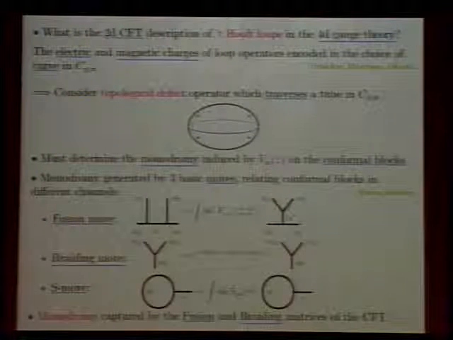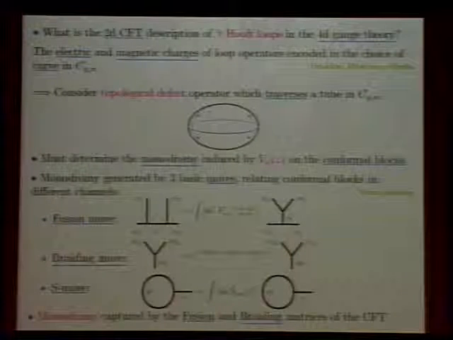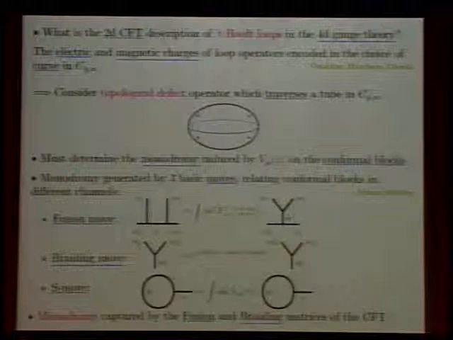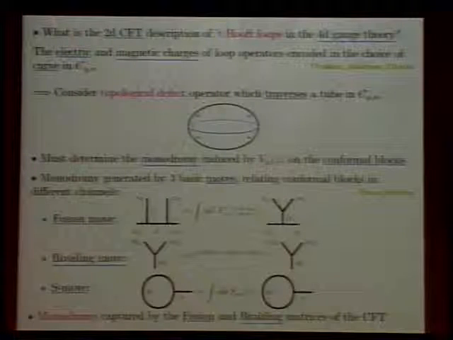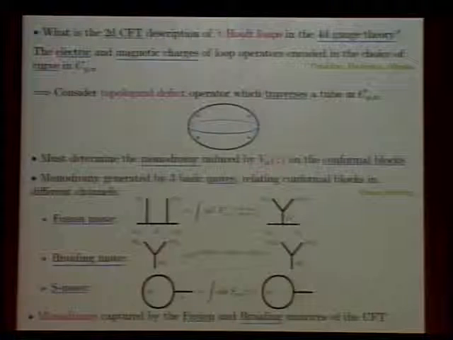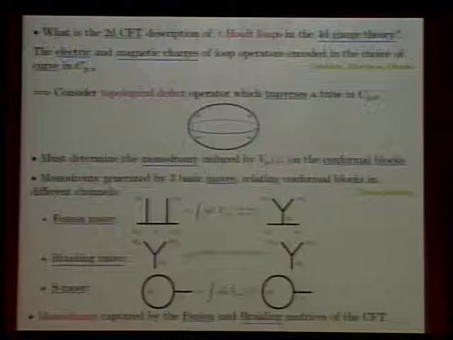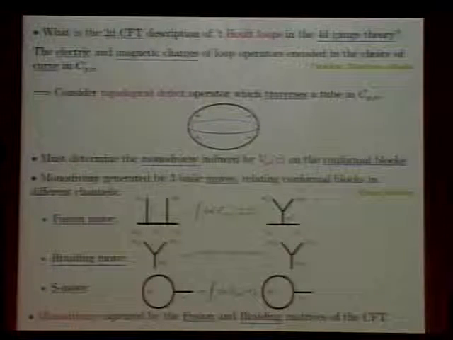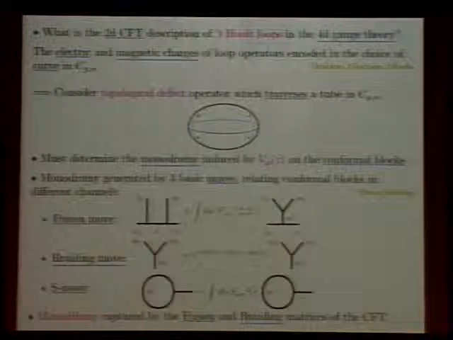These are operators that instead of inserting an electric source, they insert a magnetic source. An important observation that was made by these authors is the statement that the electric and magnetic charges of loop operators in the gauge theory are encoded in the choice of curve on the Riemann surface.